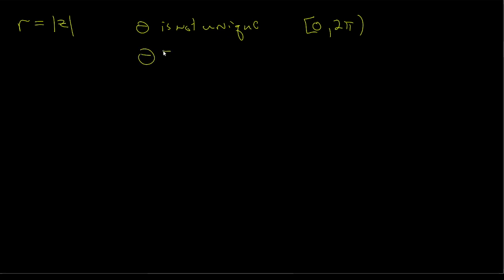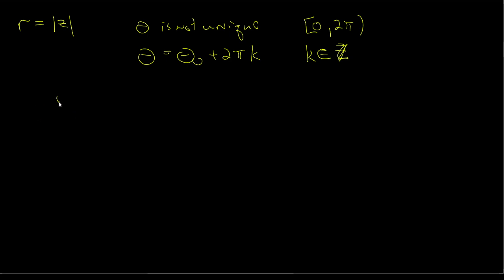Theta can be some base angle plus 2 pi times k, where k is any integer. And so these things can rotate around theta. So complex numbers can have more than one polar form.